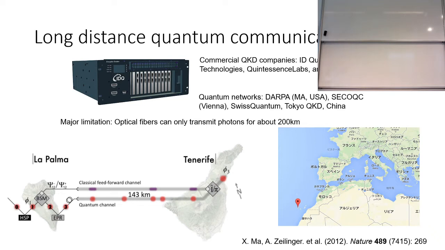So it's like this is your input, and you do some stuff with entanglement, and then your state comes out here.